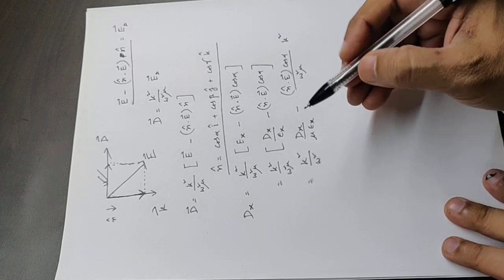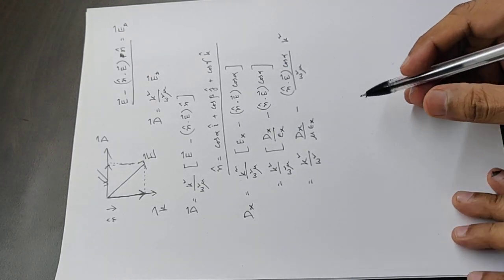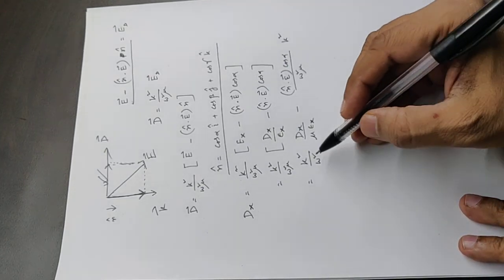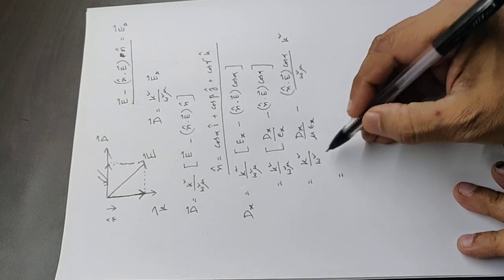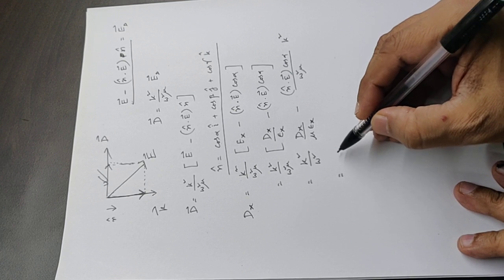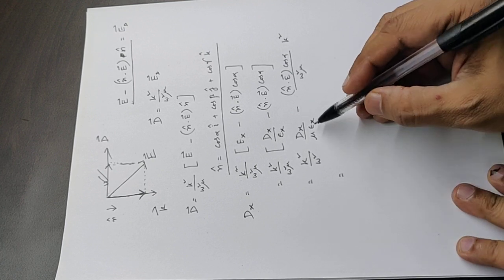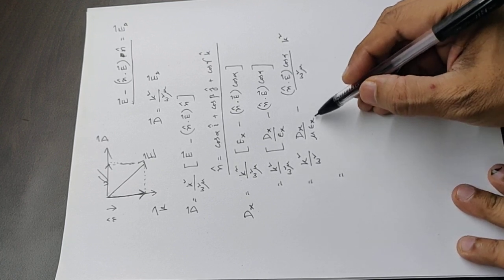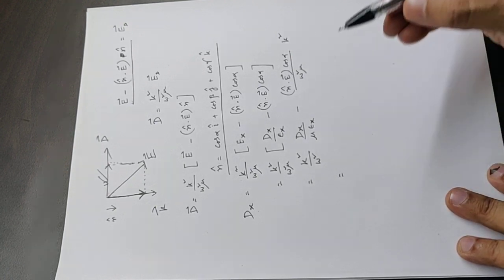Now omega by k is nothing but the velocity in the medium, so I'll write this as 1 by v square. But what is mu epsilon x?